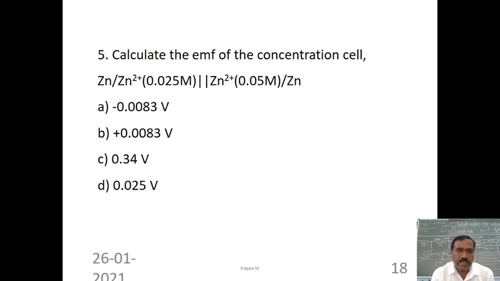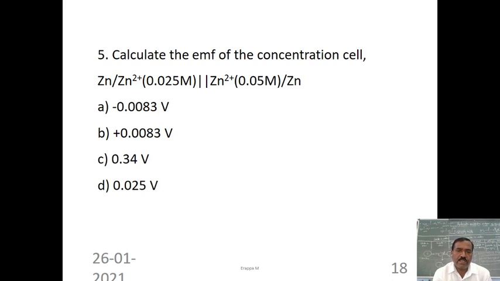Another question: calculate the EMF of the concentration cell. In your concentration cell, zinc is placed in zinc sulfate solution, its concentration is 0.025 molar. Another rod, zinc in zinc sulfate, 0.05 molar. So that is the same electrode, with different concentration. Here also C1 and C2 are as given. Using the formula, you have to calculate.